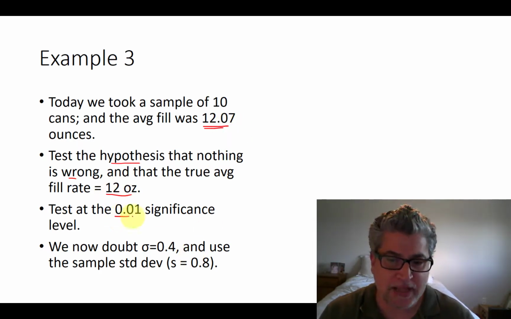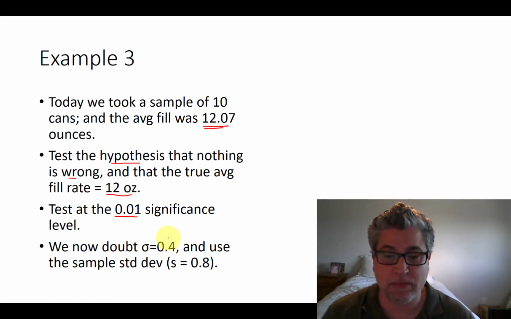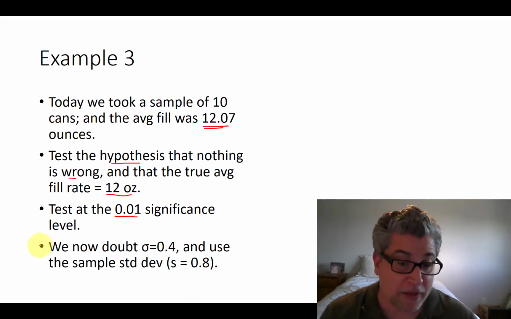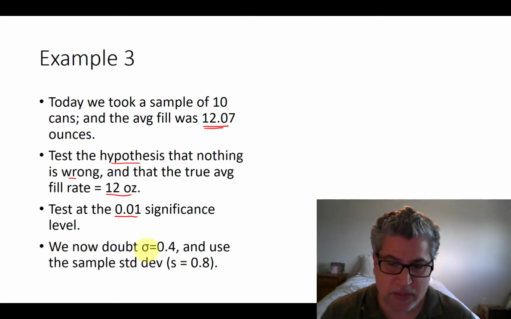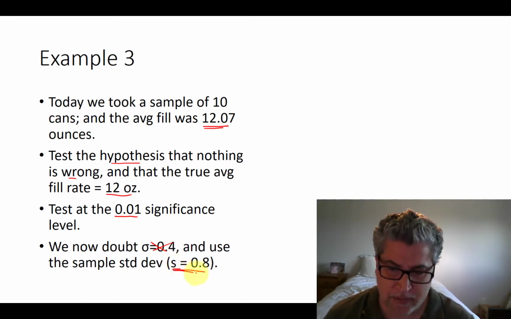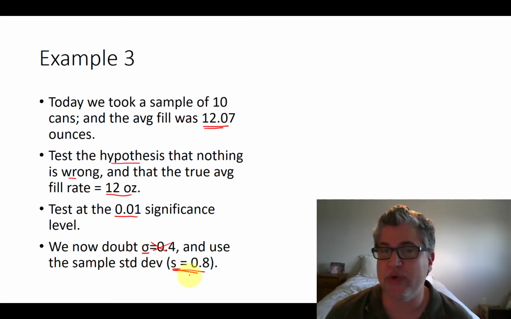We're going to test at the 1% significance level. And the real meaningful change in this problem is that we're not going to use the sigma that we know. We're going to use the sample standard deviation. But since we're using this estimate of sigma, we need to use the t distribution for our critical values.